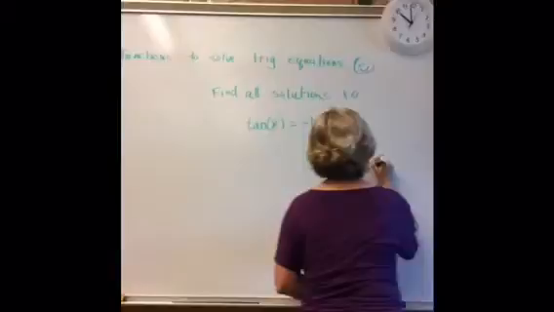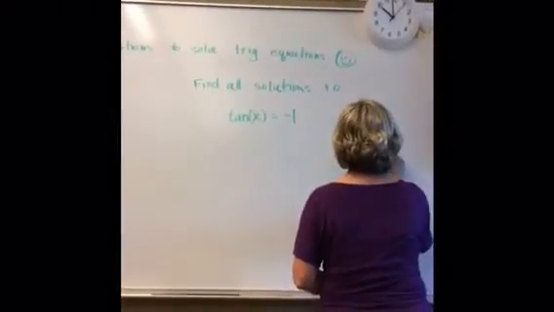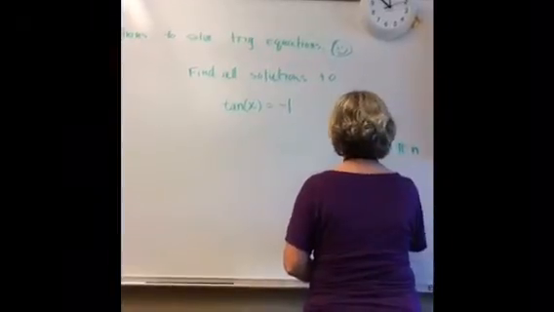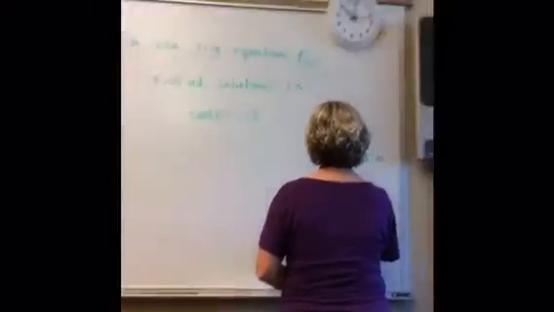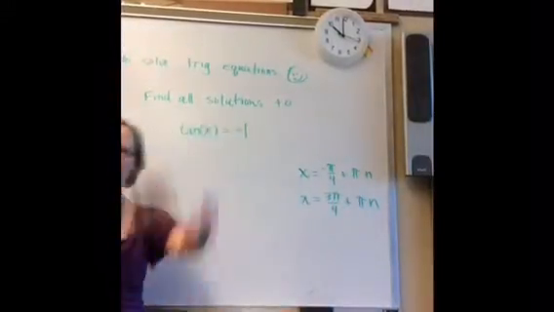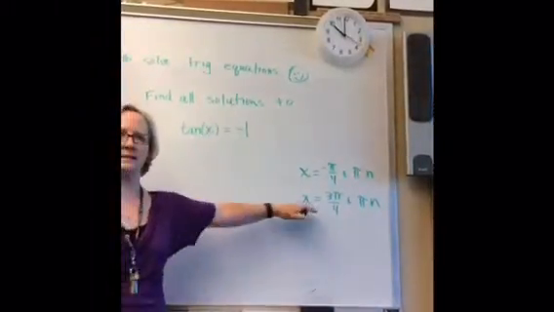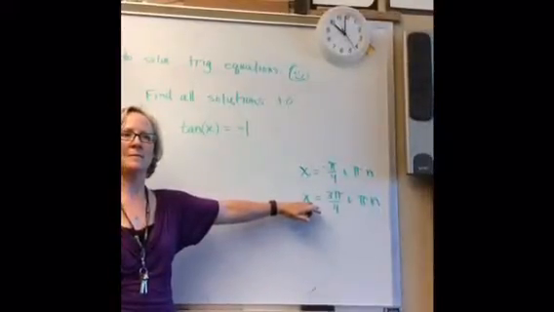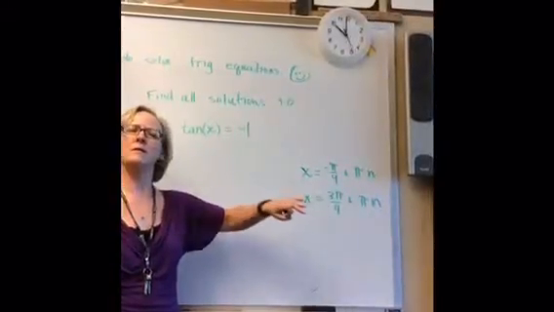X equals negative pi over 4 plus pi n, and x equals 3 pi over 4 plus pi n. Okay, now, just out of curiosity, did anybody else get this? What, Johanna?